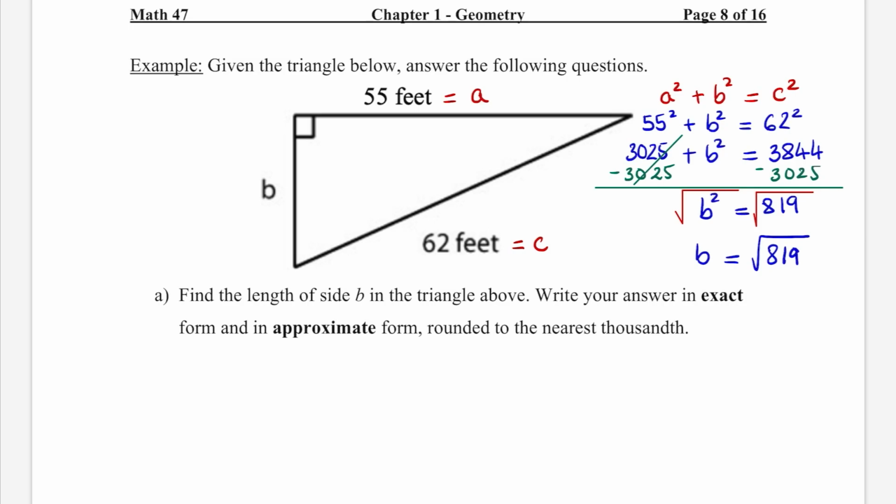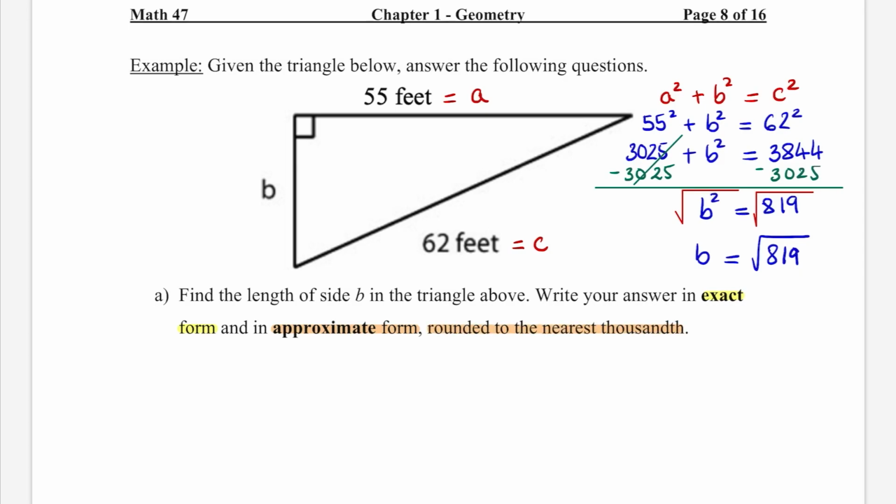Down here, they want me to write the answer in exact form and also in the approximate form. Exact form means I want the answer to be exact. I don't want to approximate that. And then they also want to approximate. So when they ask you to approximate, they'll tell you to round.